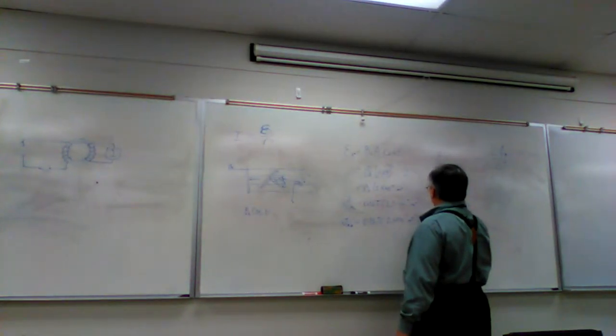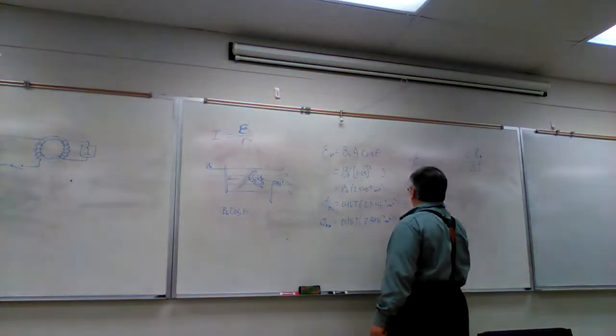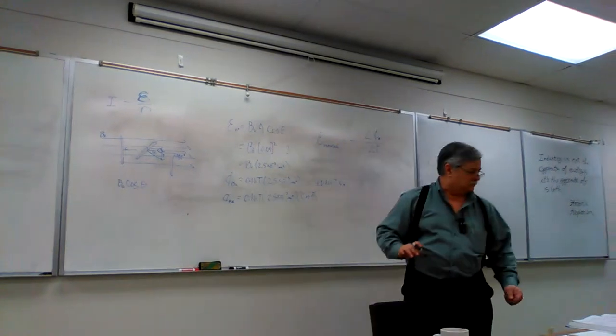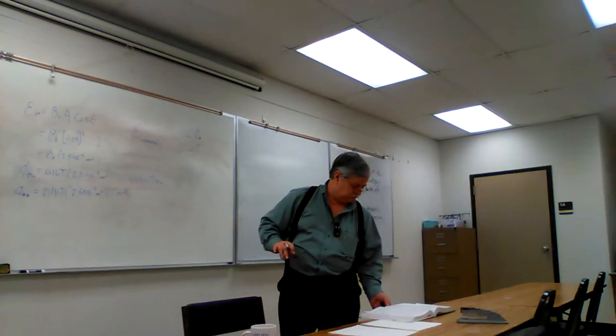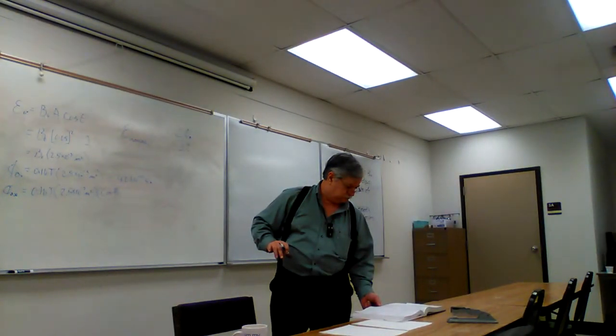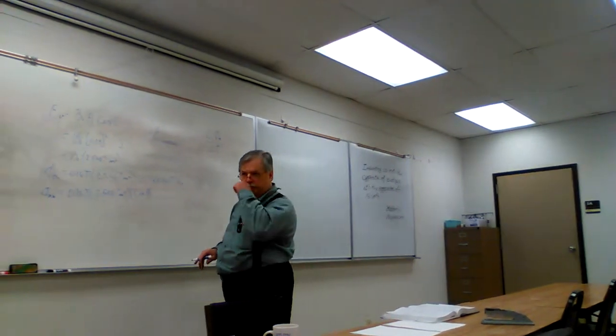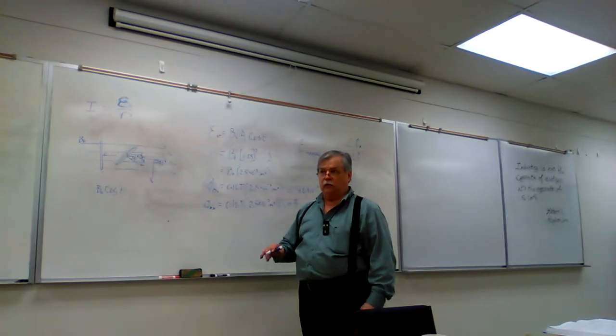Now it's times cosine of 30 degrees, which is what? Is that a half? I don't remember the unit circle. Square root of 3 over 2.